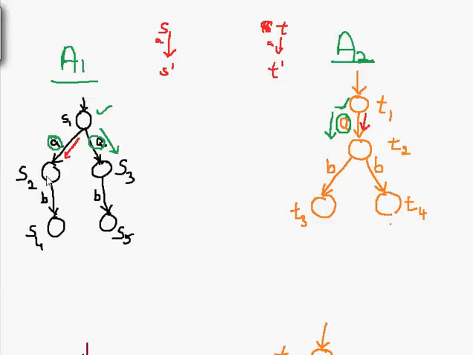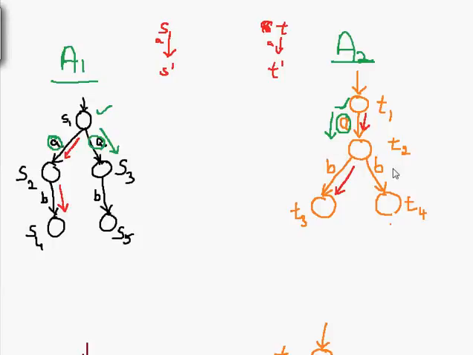Now let me come to the second level. Let me consider S2 makes a B transition to S4. T2 makes a B transition to T3. Okay, done. Can I say S2 and T2 are equivalent?